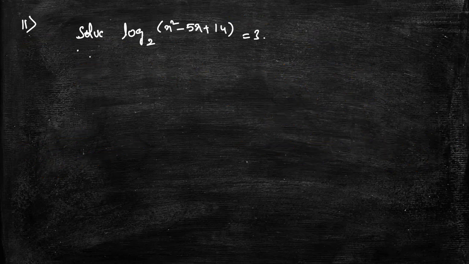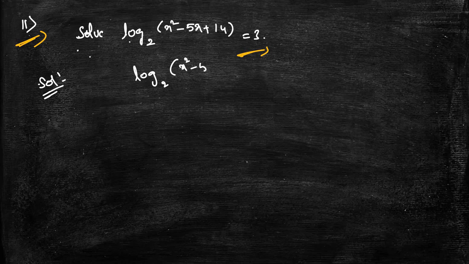Okay. Now the 11th question: solve log base 2 of x square minus 5x plus 14 is equal to 3. We have to solve this one. Now the solution. The given question is log base 2 of x square minus 5x plus 14 is equal to 3.